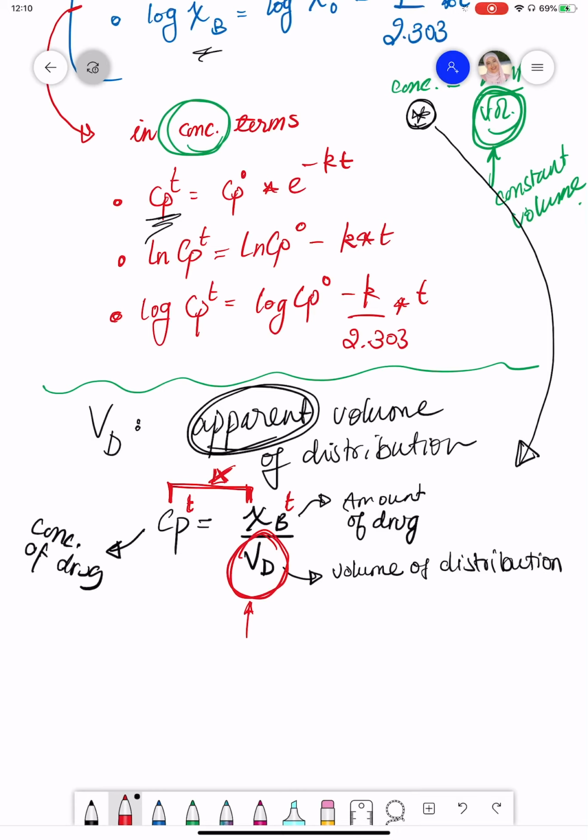Again, this is true at a certain time, which means that if we are talking about the initial amount in the body, we need to use the initial concentration, right?